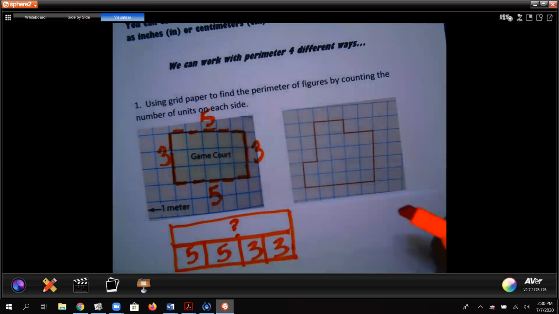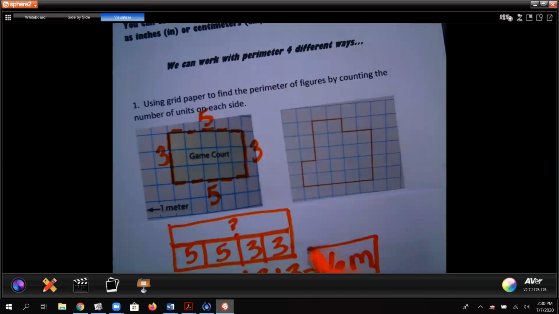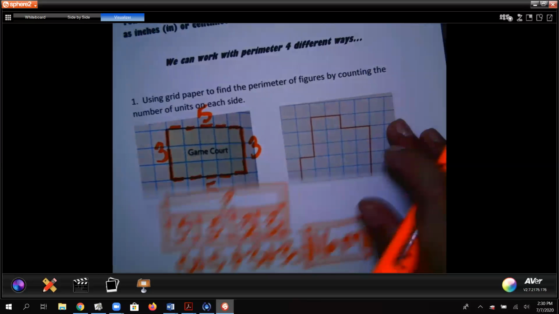So if you add all those together, 5 plus 5 plus 3 plus 3, that gives you 16. And my unit is meters, because if you notice it says each square is 1 meter. So my total perimeter is 16 meters for that first one.